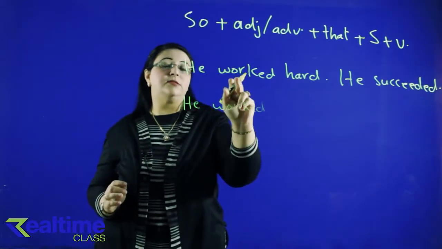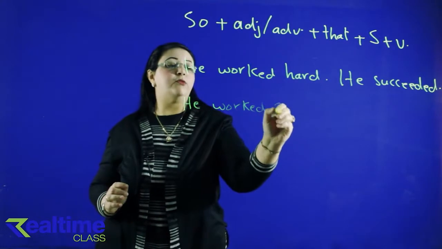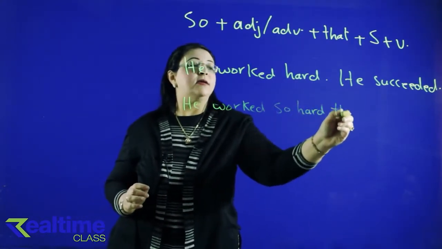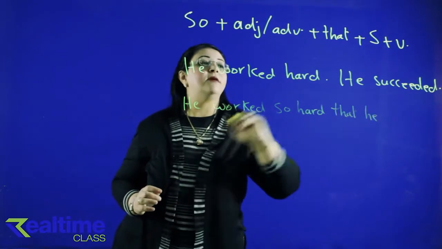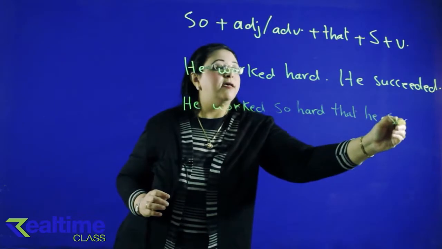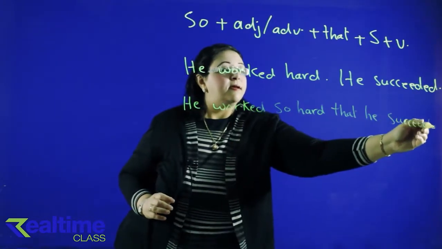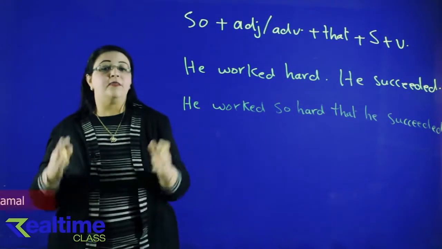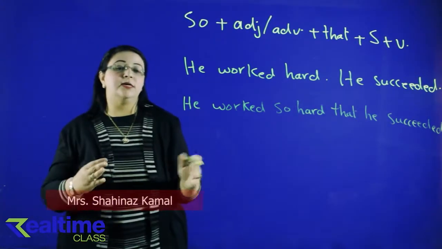This is the adverb because it describes the verb worked. So we put so hard that he, this is the continuation of the rule, the subject, and then the verb succeeded. Here we are given the result of the adverb. The result of working hard was that he succeeded.